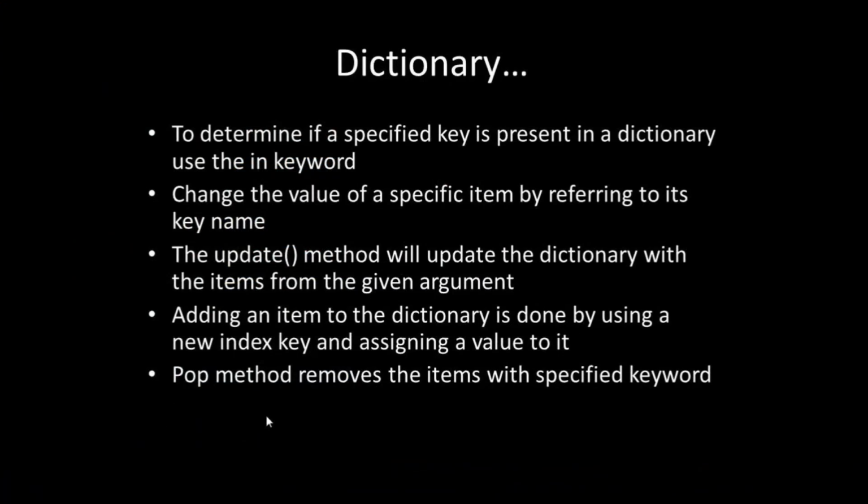Okay, next. So if I want to remove a particular key or a particular item from the dictionary, I can use the pop method and pass the key value and it removes that particular item.